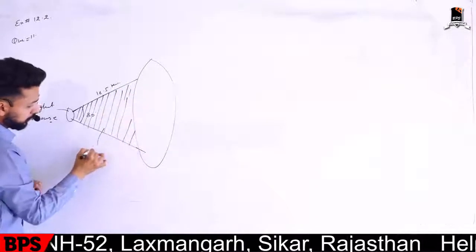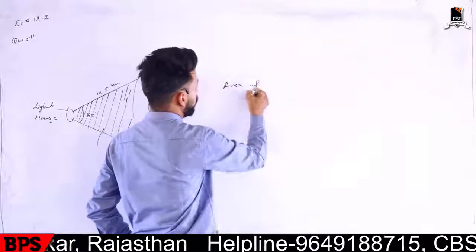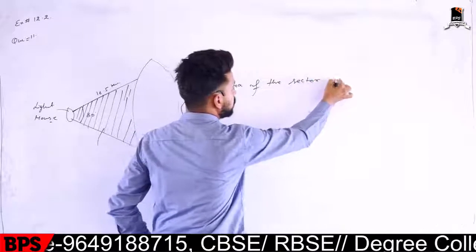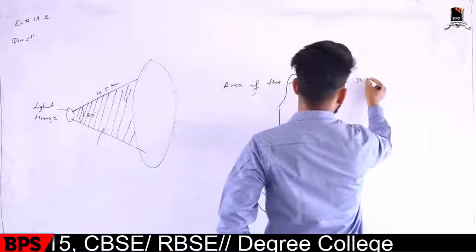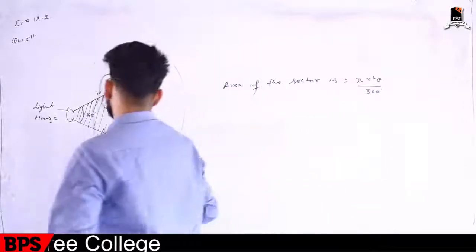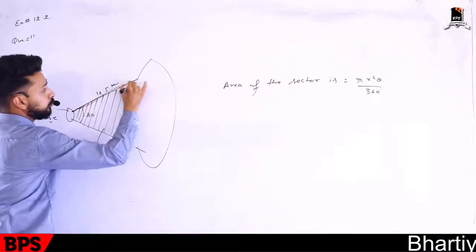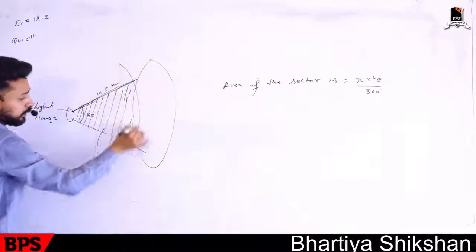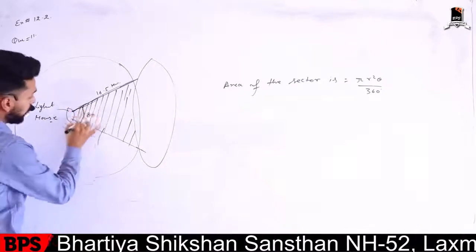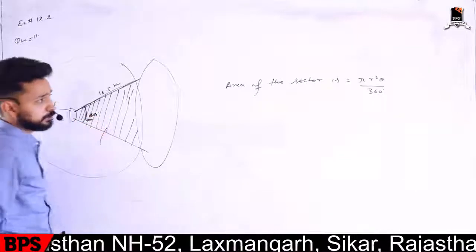So the area of the sector is equal to pi r square theta upon 360 degrees. Here the radius of the sector is 16.5 kilometer, and the angle at the lighthouse is 80 degrees, the subtended angle theta.